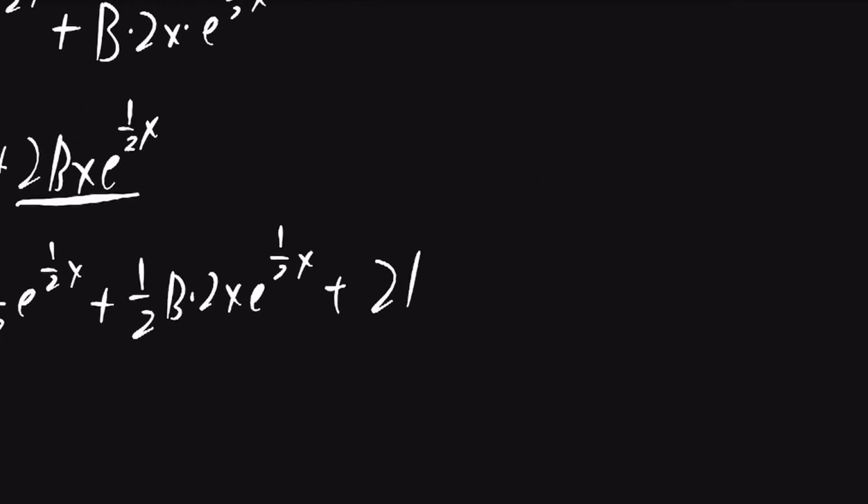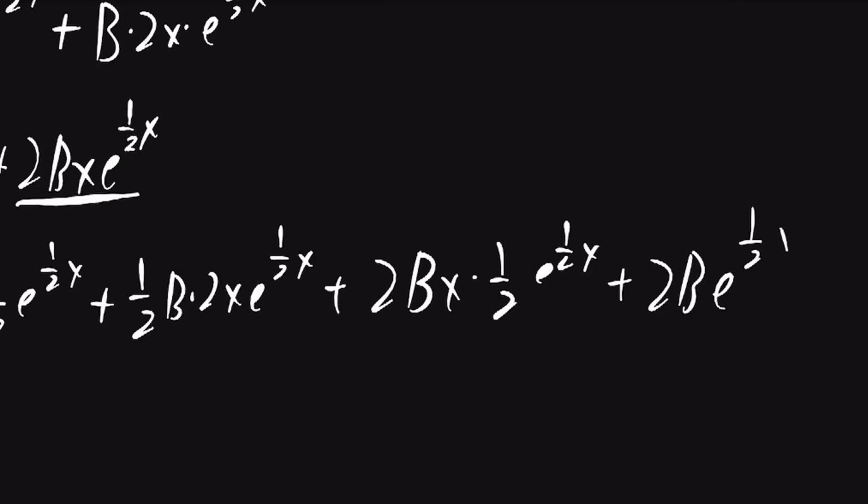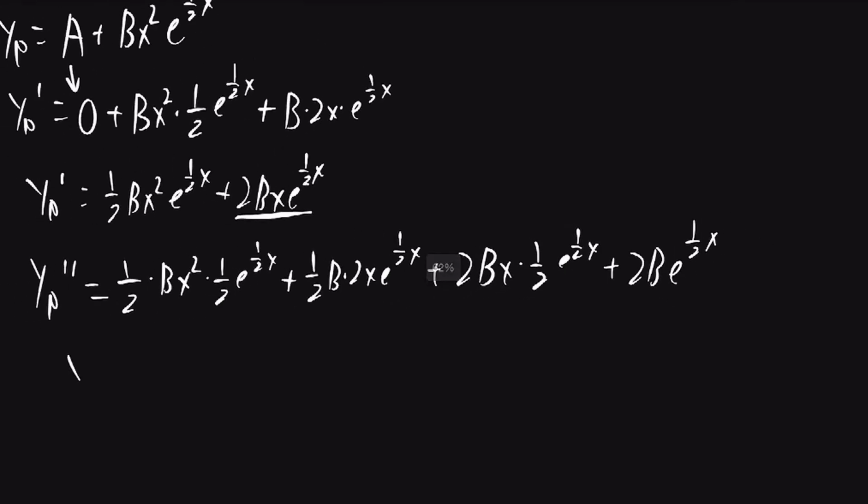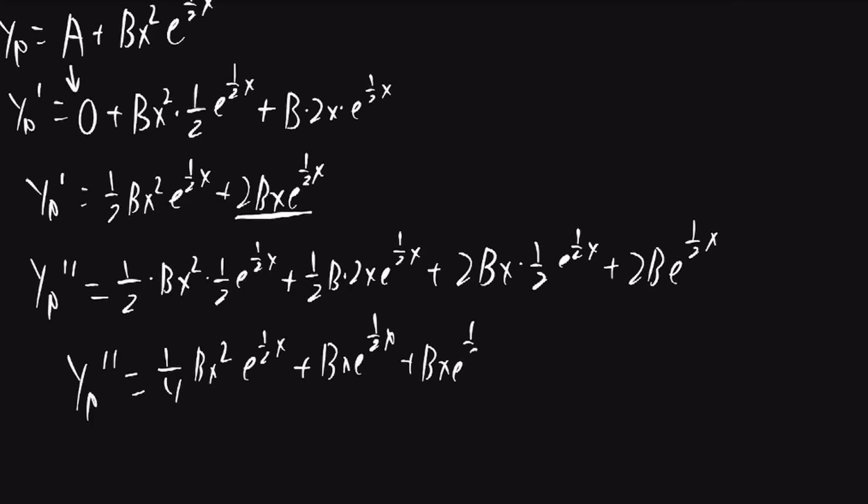We'll have plus 2 times b times x times 1/2 e^(1/2 x) plus 2 times b e^(1/2 x). We can simplify yp''. We'll get 1/4 b x^2 e^(1/2 x) plus b x e^(1/2 x) plus b x e^(1/2 x) plus 2b e^(1/2 x).